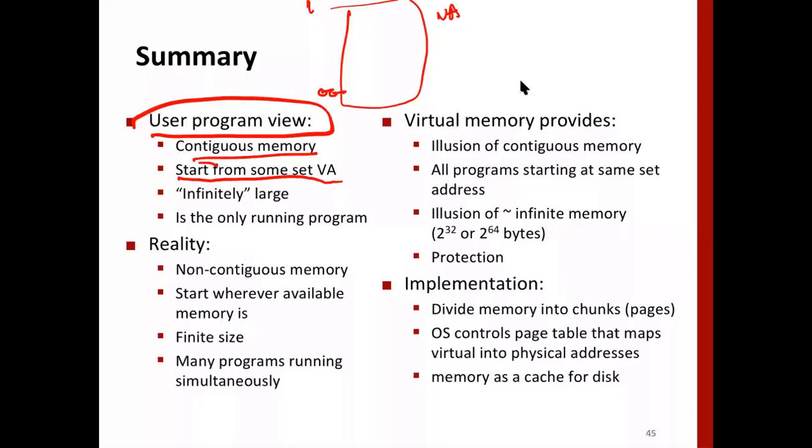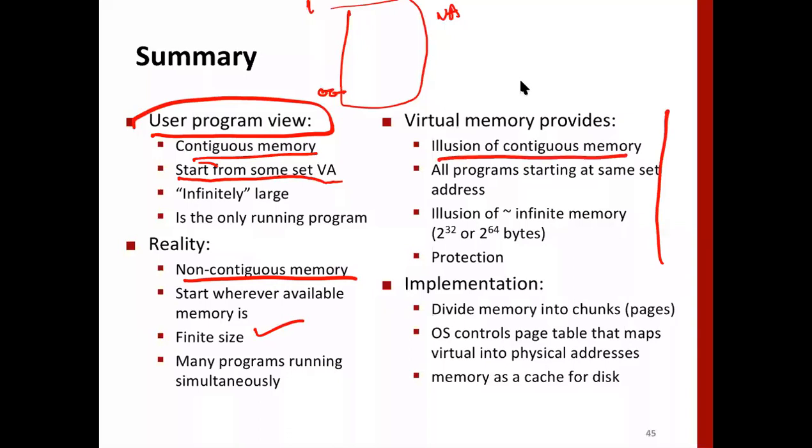In reality it's not contiguous memory, because physical memory is limited in size. These pages that the user program wants can be anywhere in the physical memory. It means that a page can be placed anywhere, and it's of finite size. So virtual memory provides us the illusion of contiguous memory.